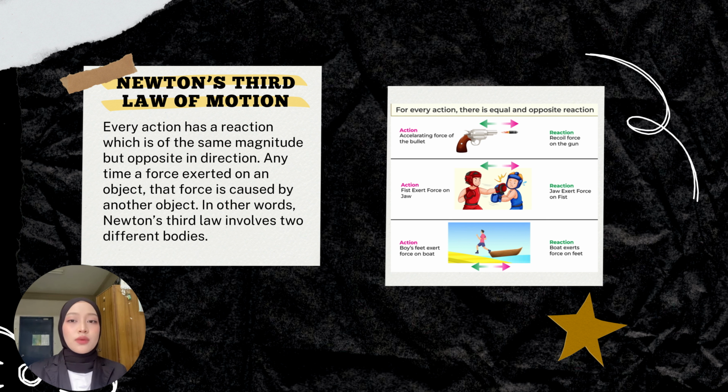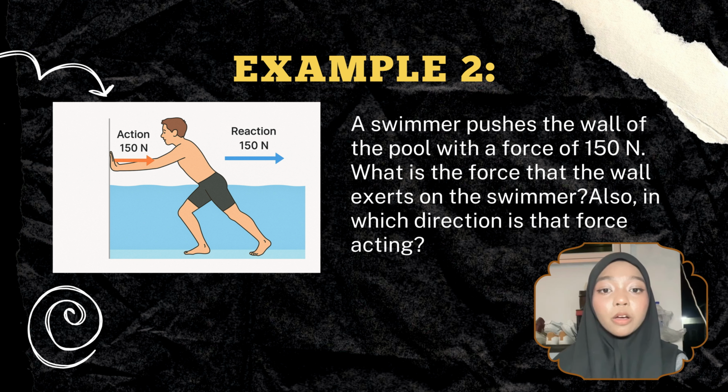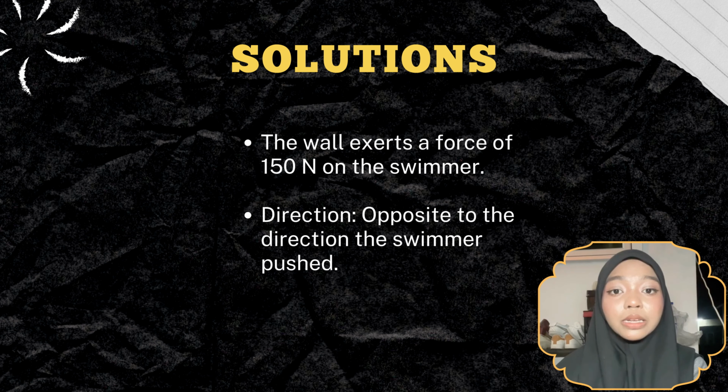According to Newton's third law of motion, for every action, there is an equal and opposite reaction. In this case, when the swimmer pushes the wall of the pool with a force of 150 newtons, the wall pushes back on the swimmer with an equal force of 150 newtons. However, this reaction force acts in the opposite direction to the one the swimmer applied.